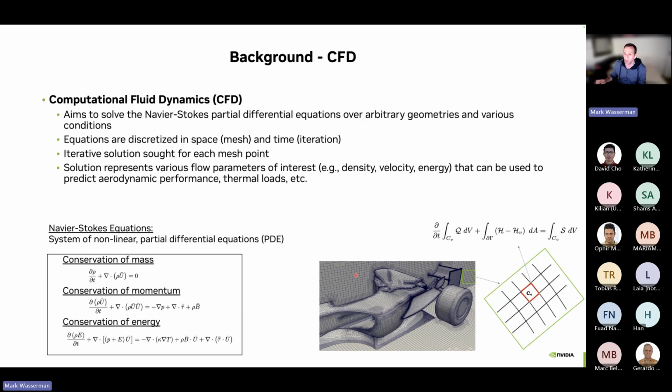And this allows us to formulate the problem as a set of smaller problems. For example, as shown here, if we define a small control volume, then if mass is globally conserved, then mass has to be also conserved in this small control volume.